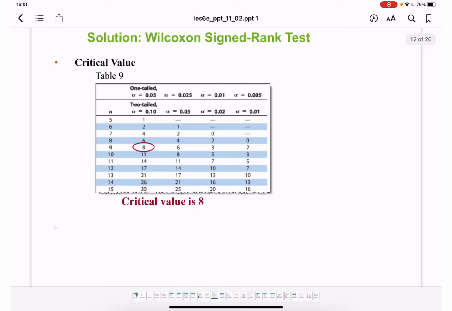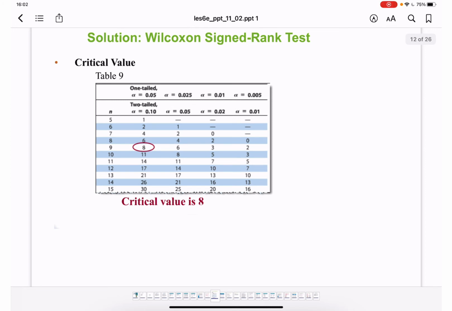So the principle is the same. We are going to find the test statistic and the critical value, and then compare. So how are we going to get the Wilcoxon signed rank test critical value? First of all, to get the critical value from this table, you can either search the internet for Wilcoxon signed rank test, or just take a picture of this one.